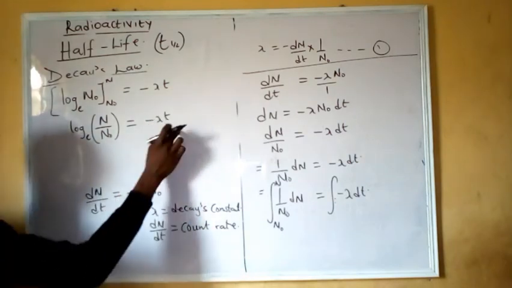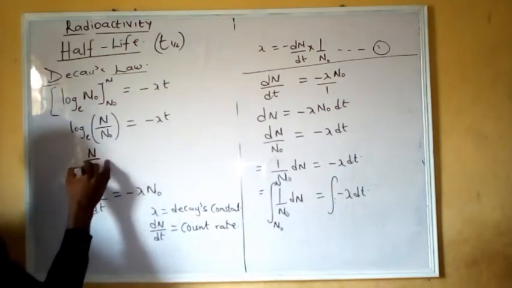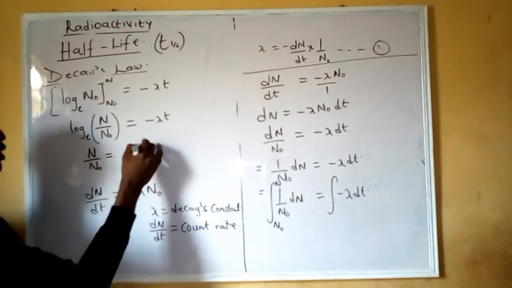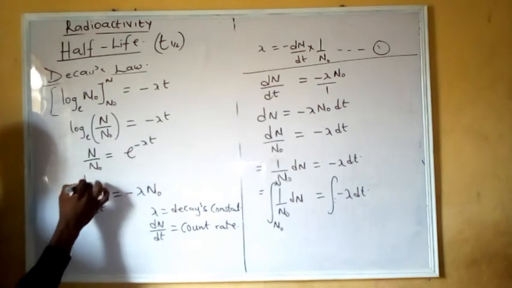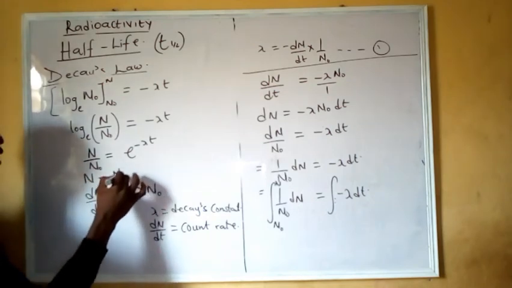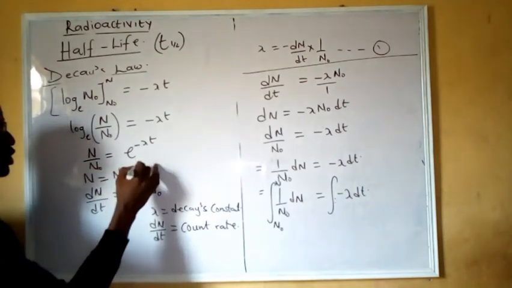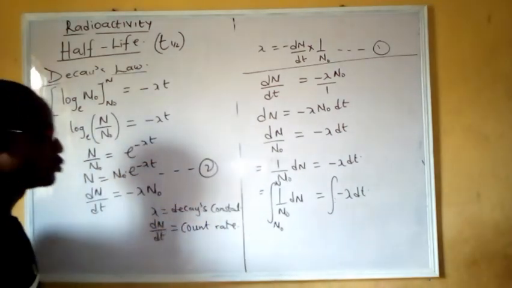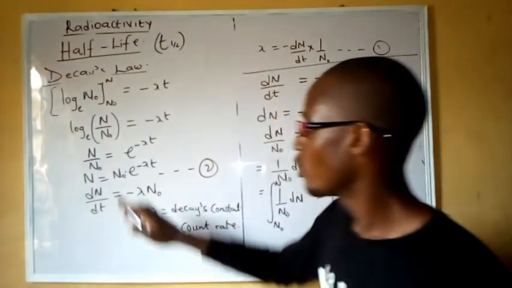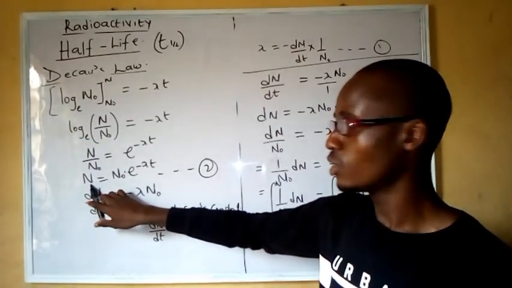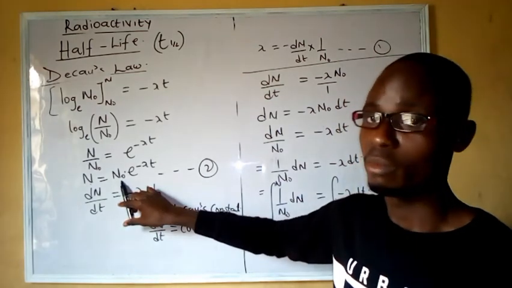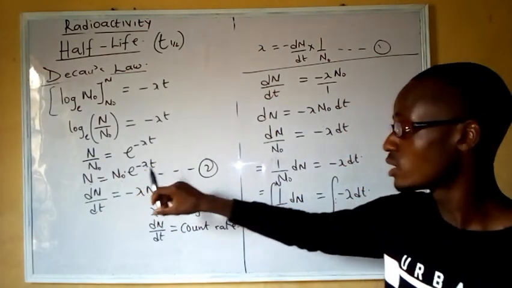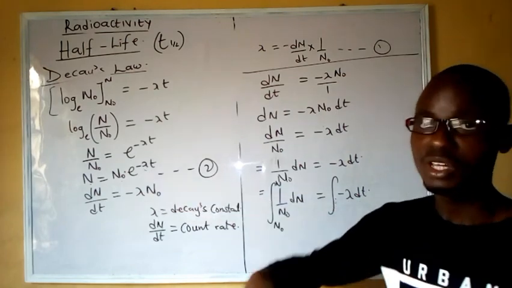So bringing the e, I'm going to have N over N naught equals e raised to the power minus lambda t. So meaning N will be what? N naught times e raised to the power minus lambda t. So this formula could be used to determine the number of atoms left, N, provided we know the number of atoms present initially, we know the value of our decay constant, then the time given to us.